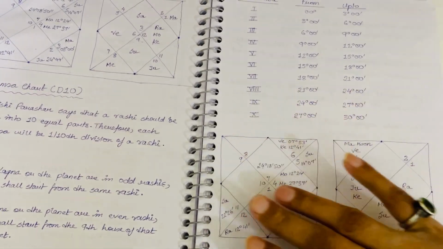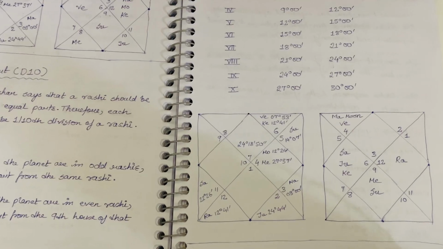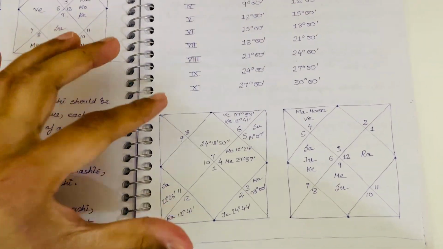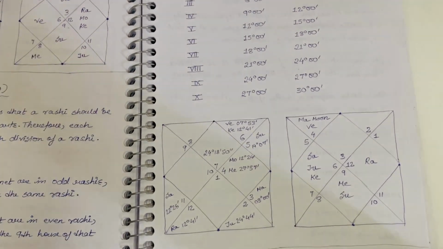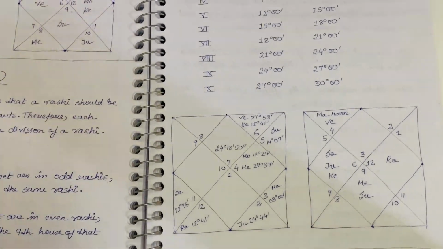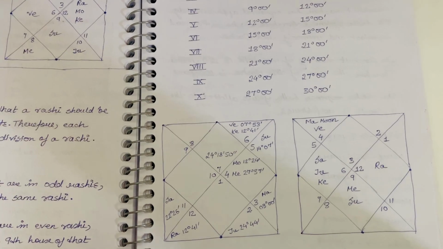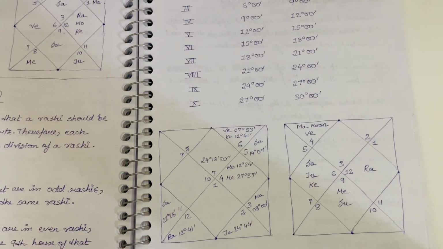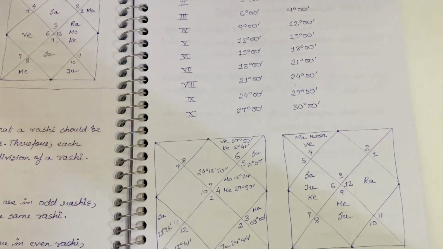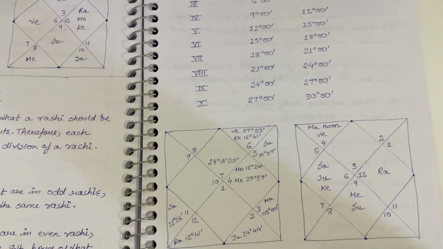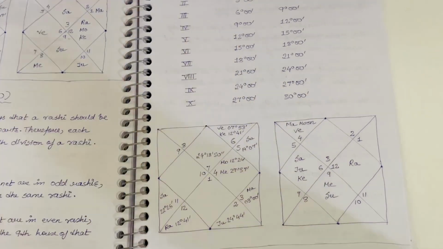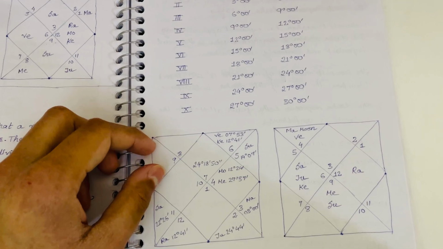The entire information that you can see right now in front of you, we had manually created in our previous classes. Step by step, we have learned and created this successfully and accurately. So this birth chart is there in front of us. From this birth chart, let's create the Dasamsa chart.